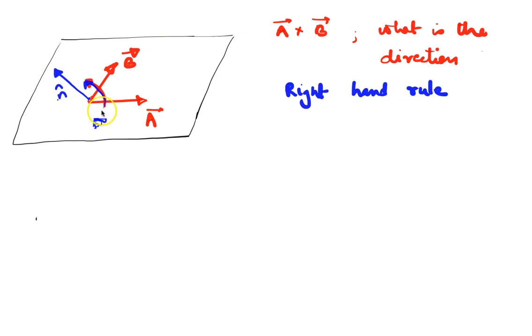So if you rotate your fingers from A to B, your thumb will point in the direction perpendicular to the plane, in this case outward from A, then that is the direction of A cross B. If you have to find B cross A, then you will have to rotate your fingers from B to A, and in that case you will still have a perpendicular direction of n cap, but it will be in the downward direction to this plane, rather than pointing upward, it will point downward.